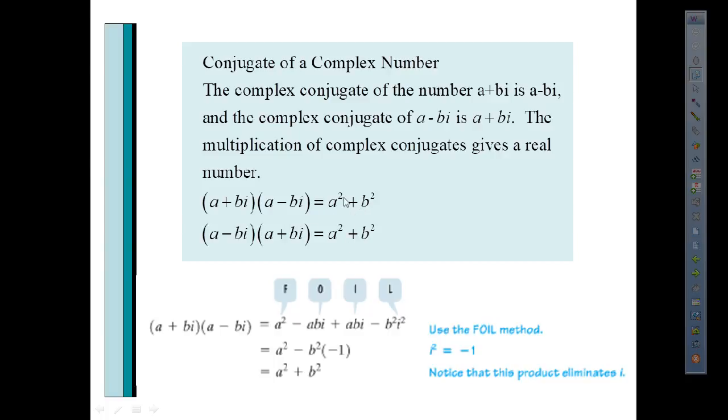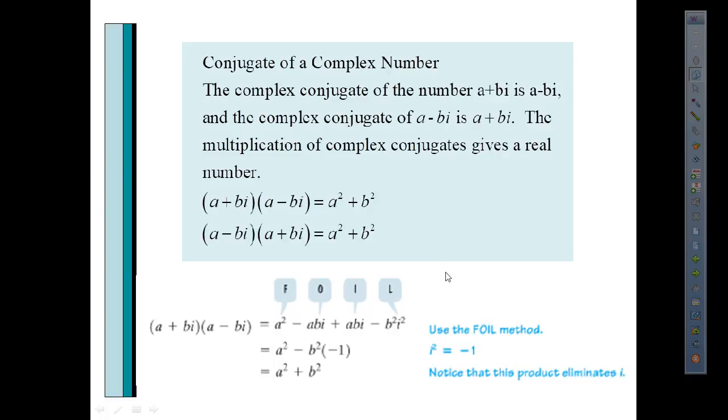So same thing with these. But anyway, a and b are both going to be real numbers, so your imaginary part goes away. And you can see that in this example down here where they show you every step all the way through. So the multiplication of complex conjugates gives us a real number, and that's it.